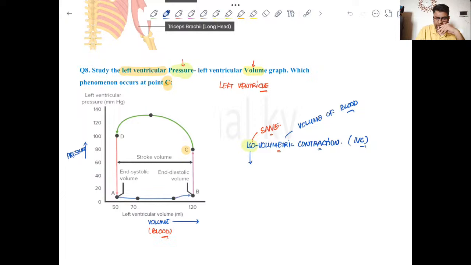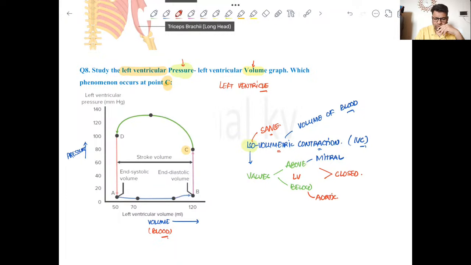It means the valves above and below the left ventricle are closed, right? So the mitral and the aortic valves are closed, and the ventricle is contracting as a closed chamber.